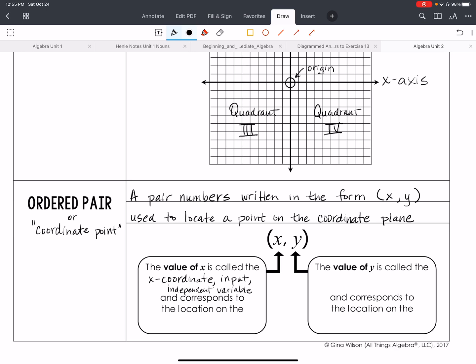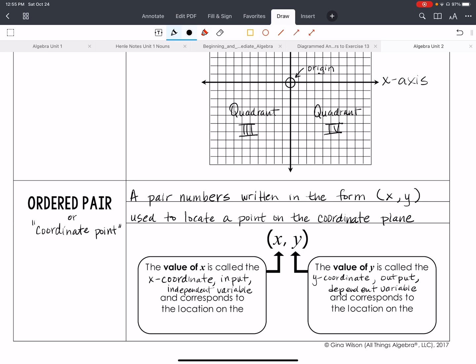Now, the y's answer, or the value for y, is going to be called the y coordinate. Also sometimes referred to in math, especially if we're talking about functions, as the output, and then the dependent variable. Independent and dependent variables, by the way, guys, are very science-oriented names.